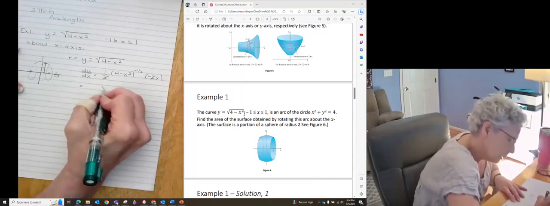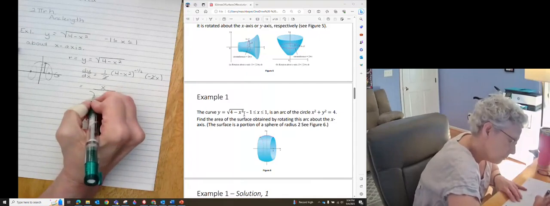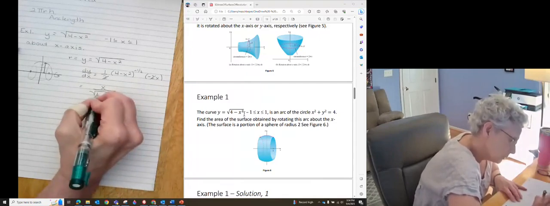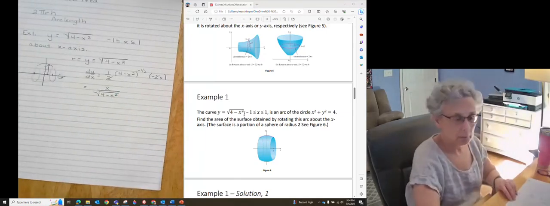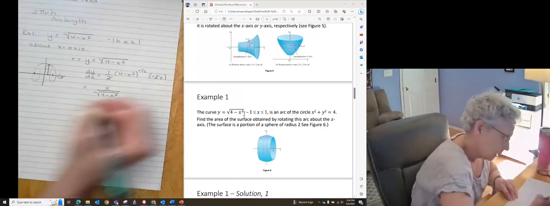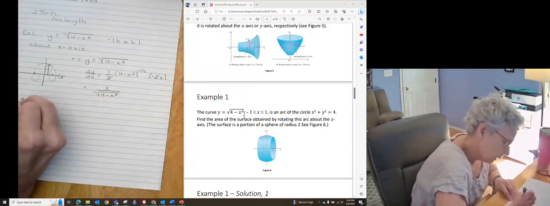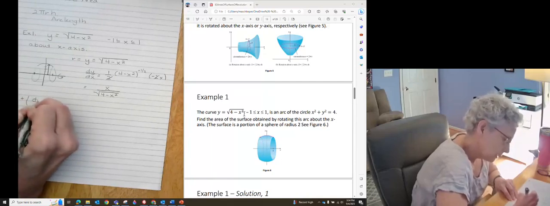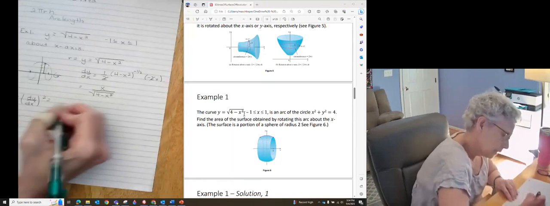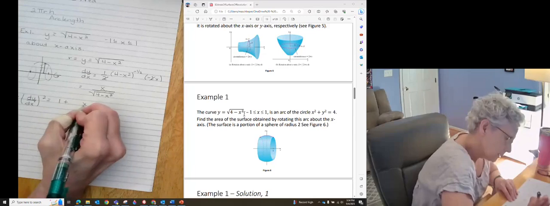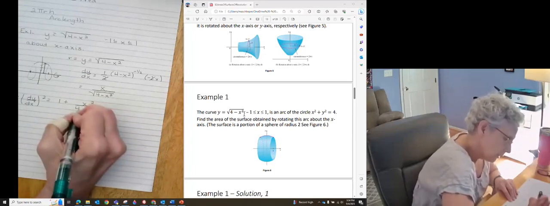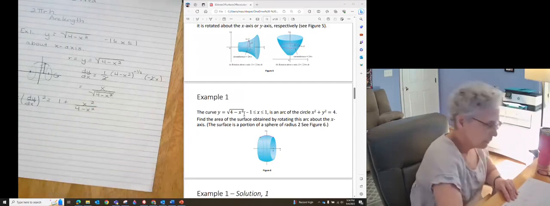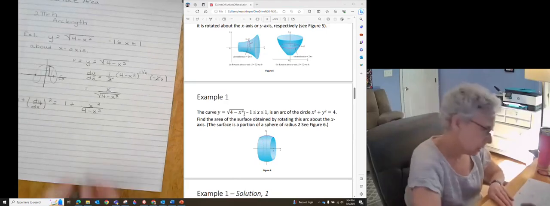Leaves me with an x sitting on top of the square root of 4 minus x squared, with a negative sign. I'm going to go ahead and square this and add 1. I'll do that in one step. Equals 1 plus x squared over 4 minus x squared. And when I square the square root, it just disappears.